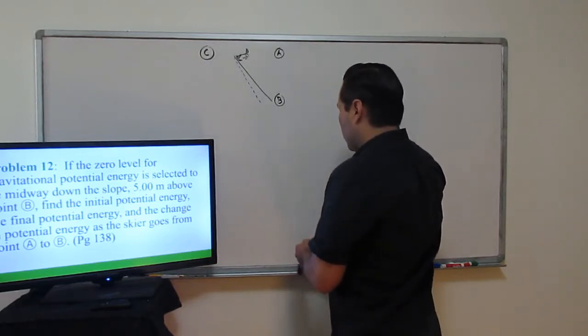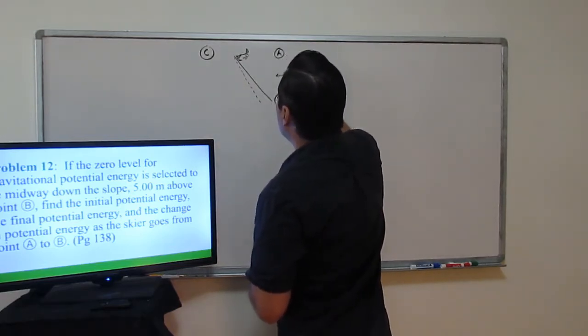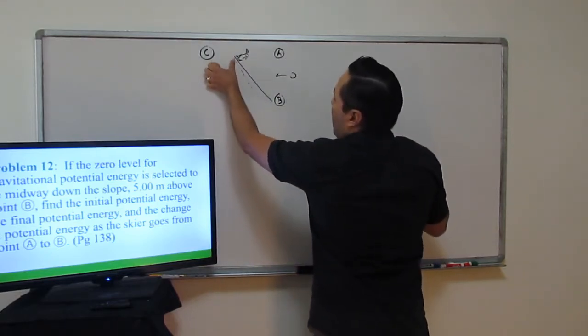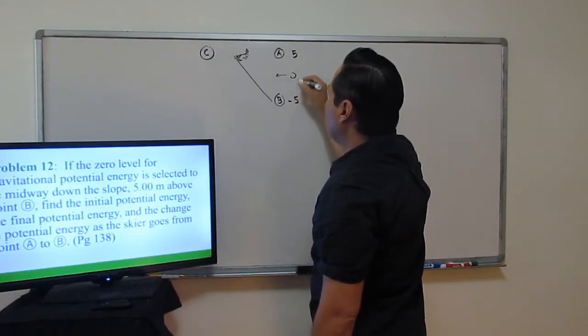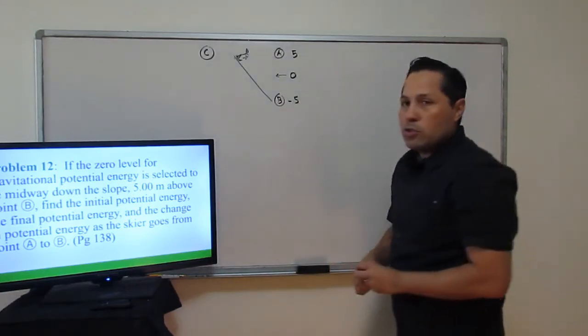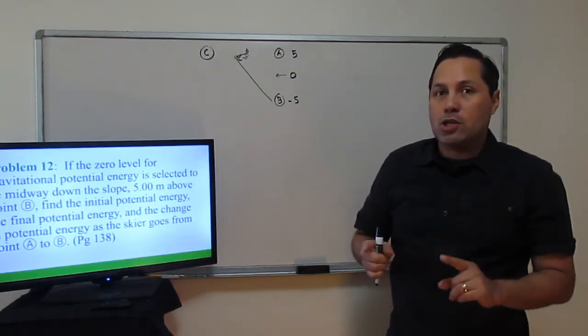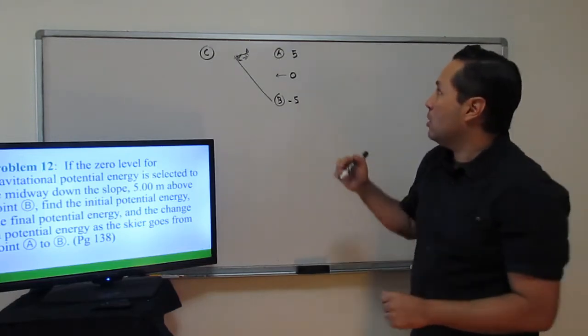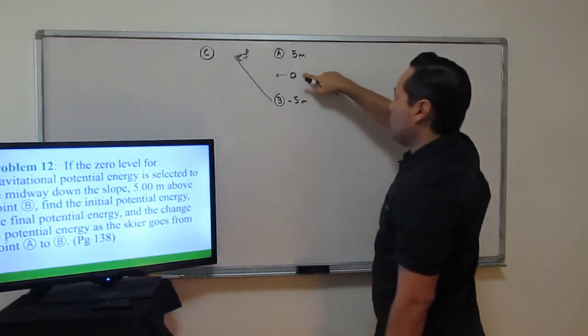Again, our reference point one more time: the zero point is going to be halfway through. Therefore, A will be 5 meters above and B will be 5 meters below our reference point.